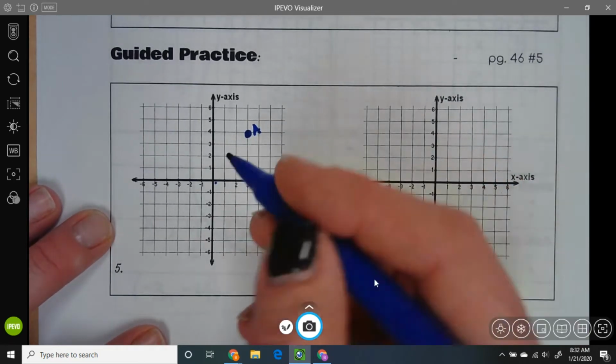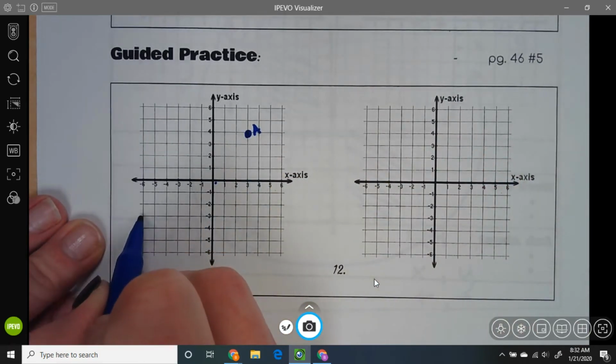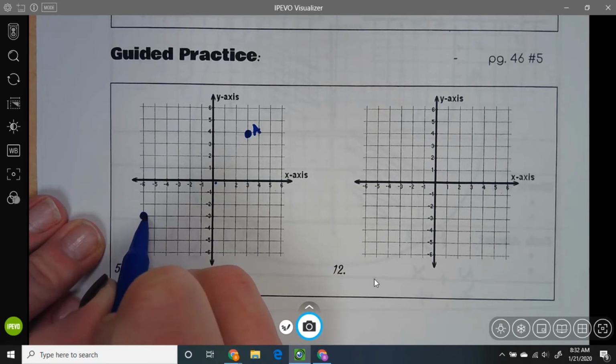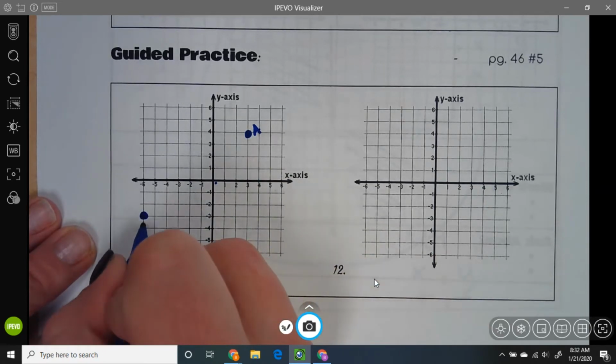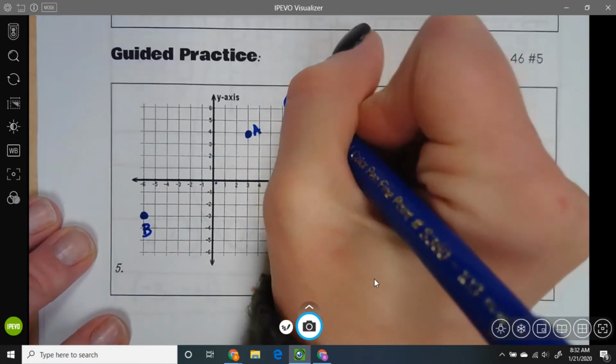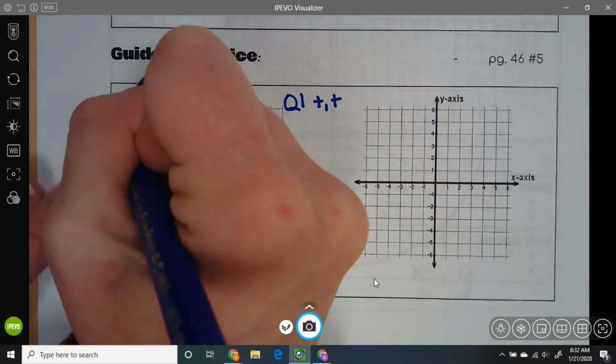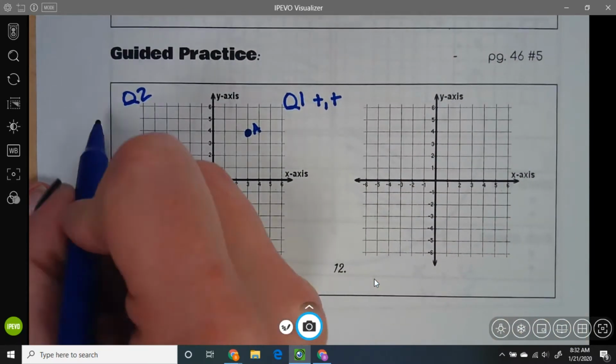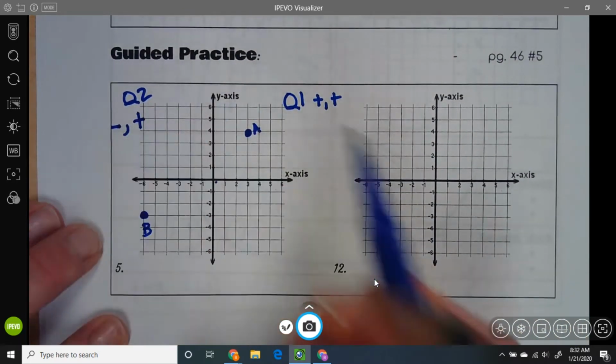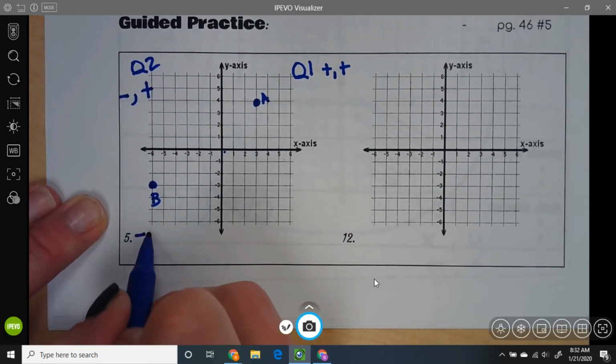And then B is -6, -3. So they're both negative. We know it should be in quadrant 3. So quadrant 1, quadrant 2. Remember these were positive, positive. This was the x-axis was negative and the y-axis is positive. Here they're both negative.